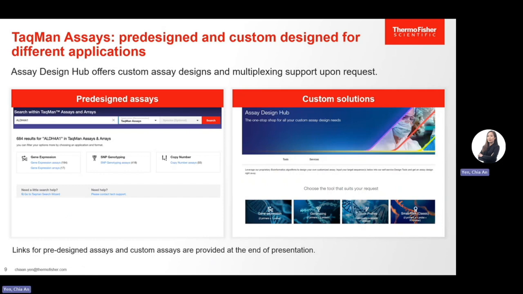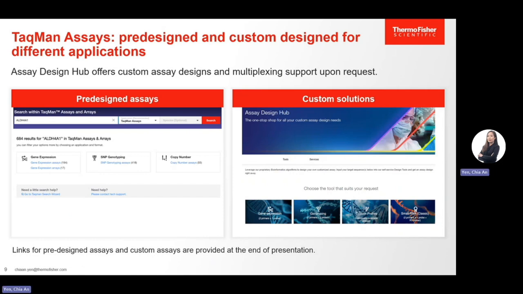But what if you need to design your own assay? We have the Assay Design Hub on our website that has self-service tools that guide you to different application types depending on what you're trying to design. And then you can submit an order for these custom assays with the different reporter dyes and quenchers.